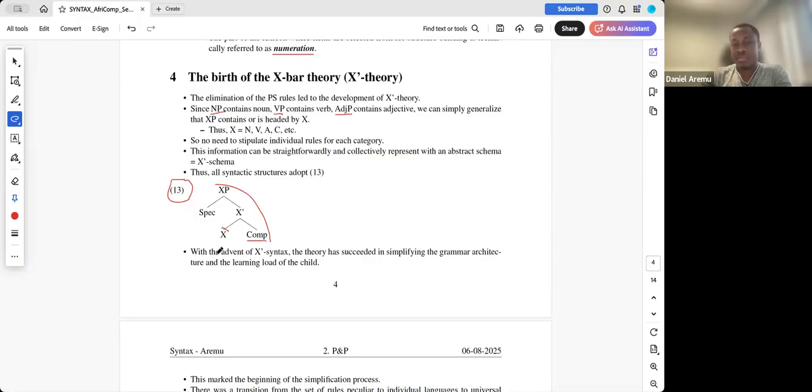And that is what X-bar theory proposed. Again, a side note, you notice that as time goes on, of course, we know there are constructions where you might not need the specifier. You might not even need a complement. It can just be a head. For example, a simple noun, Adam. Adam does not have a complement, doesn't have a spec.